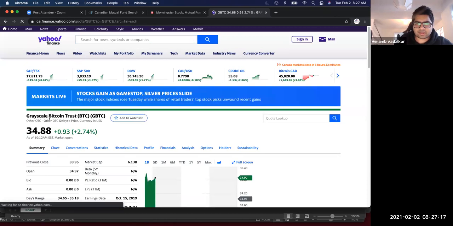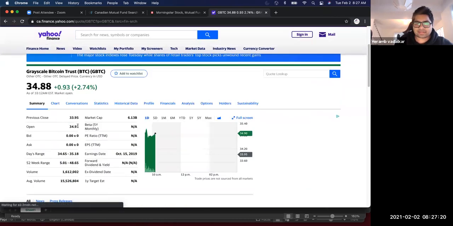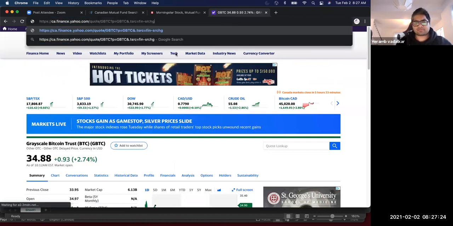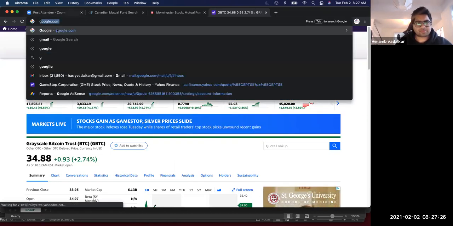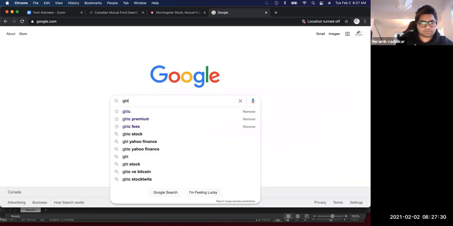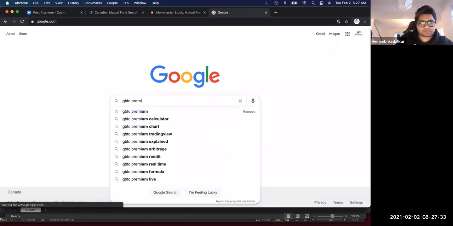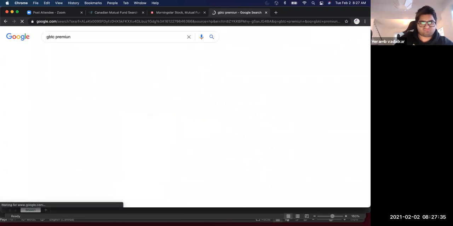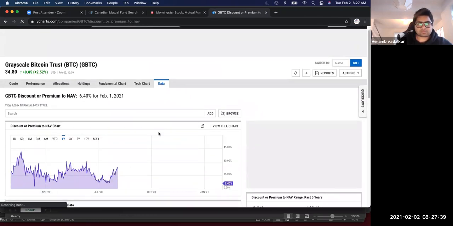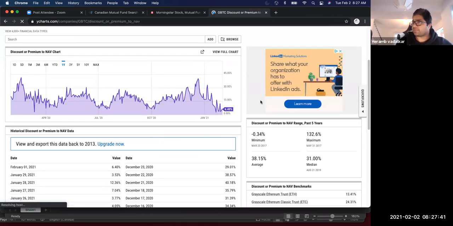So this is a close-ended mutual fund that gets listed. We'll search out the premium or discounts on it.